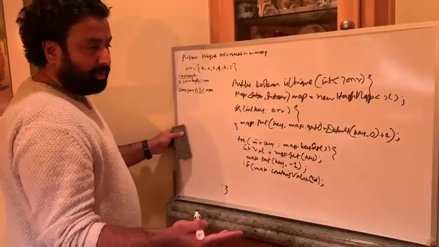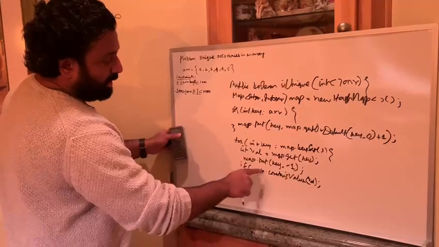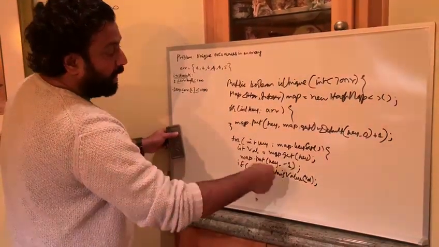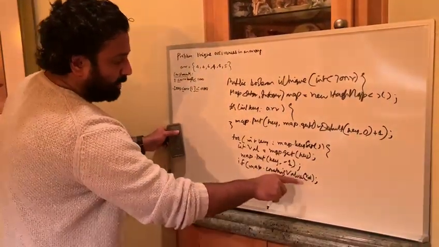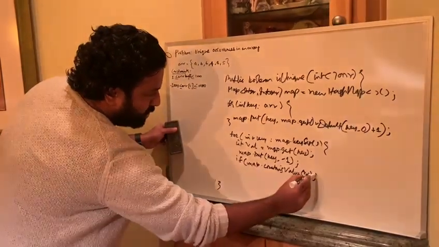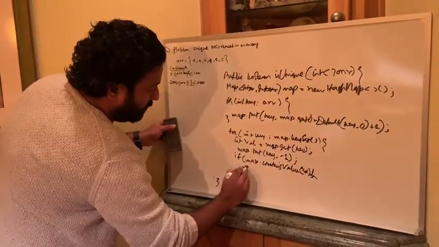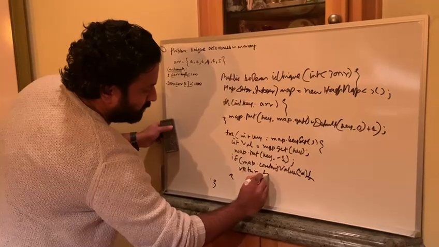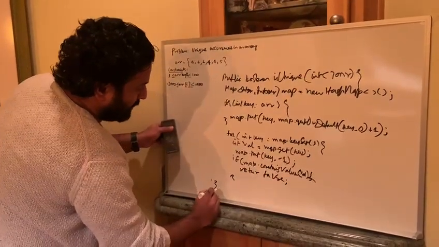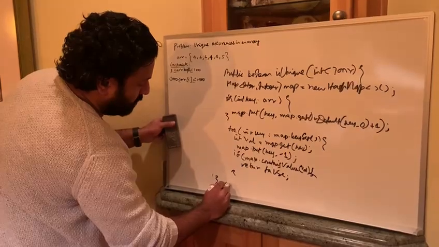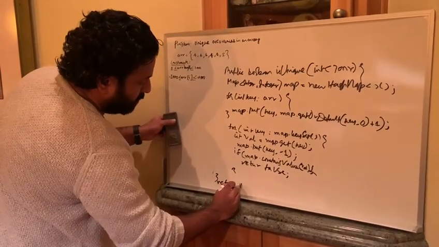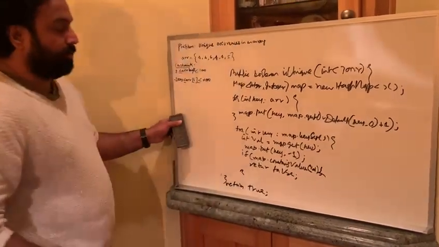We're not creating any more sets. We're checking if there are any more occurrences for the value. If this is true, then we return false. Else, we return true at the end.